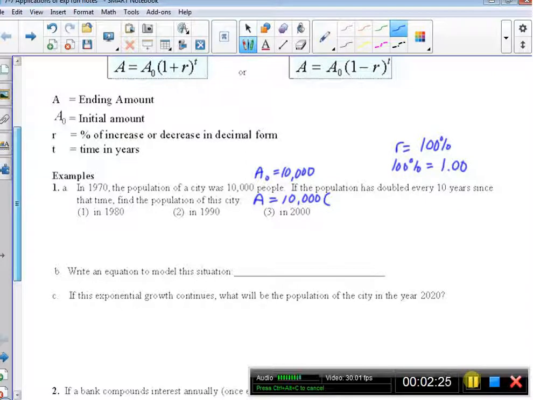So you really have 200%. So you have 100% plus 100%, but that's really just as a decimal 1. So we have 1 plus the rate, and our rate was also 1. So it's going to double to the t. So it's A equals 10,000 times 2 to the t.